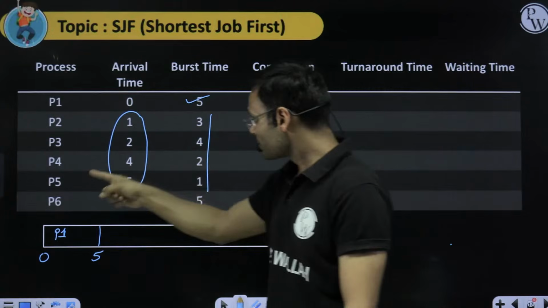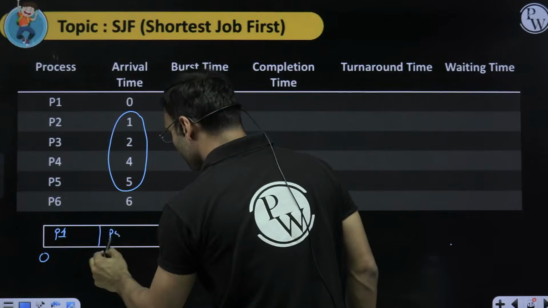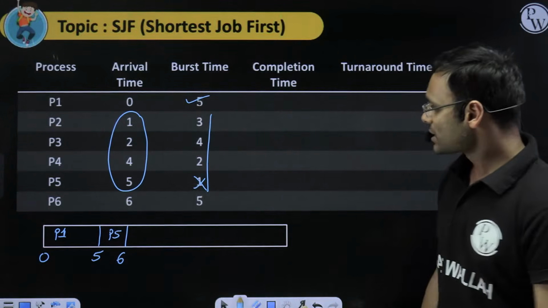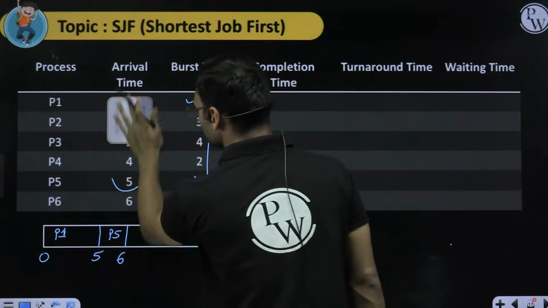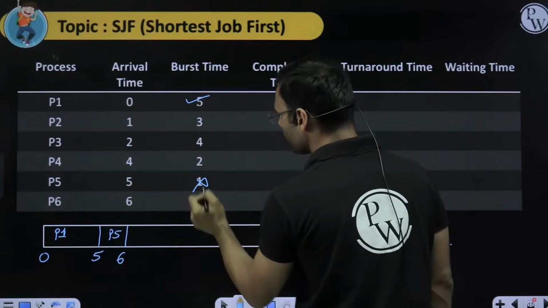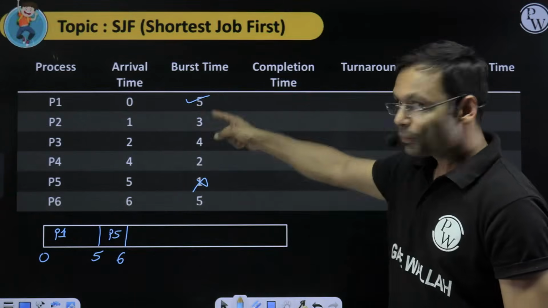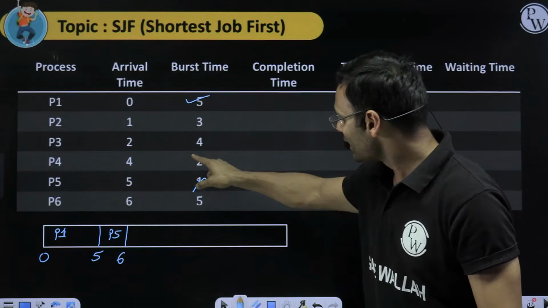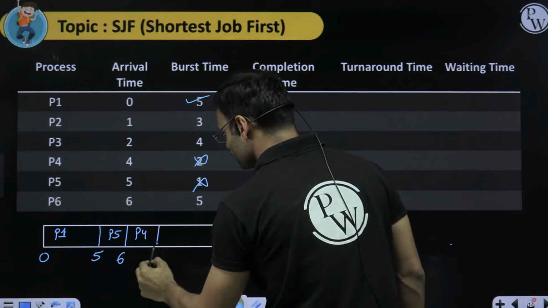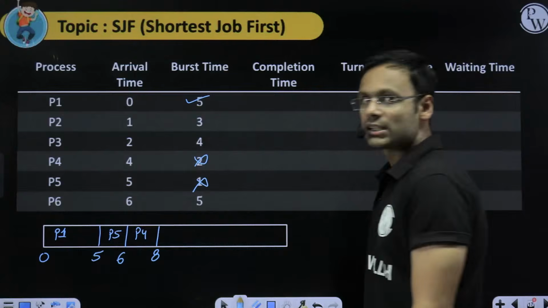Smallest one is P5. P5 will run for 1 time unit till 6. Next, till 6, this also arrived. So I have now again 4 processes. Among these, I will select the smallest, with burst time 2, P4. Till 8 it will run.